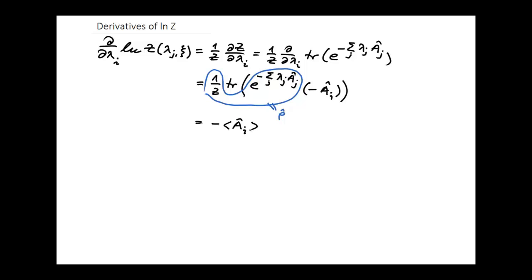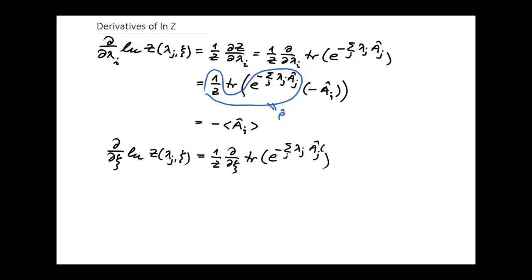Next, we can look at the partial derivative of the log with respect to the control parameter psi. Same logic, 1 over Z, partial with respect to psi of Z, but Z in turn is the trace of e to the minus lambda_j A_j, where now the A_j depends on psi.